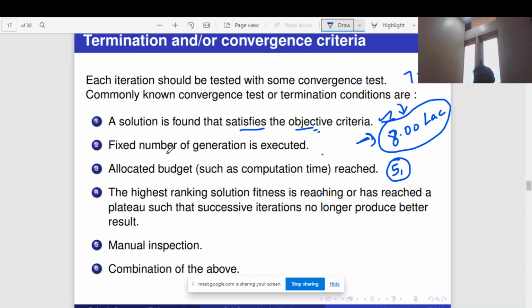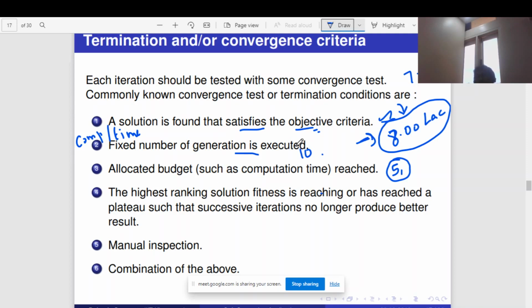Or in some cases, a fixed number of generations is executed. How many times? This is based on computational power. I have this much computational power and this much time. My time is also limited, so I cannot keep on doing the same thing. Say I can allocate at most 10 days for this program to run.